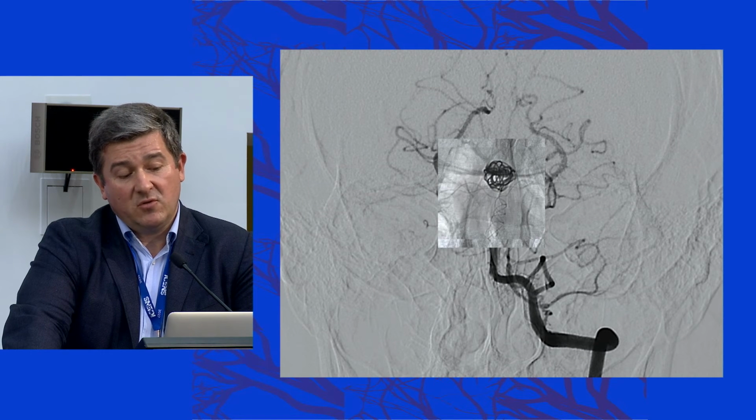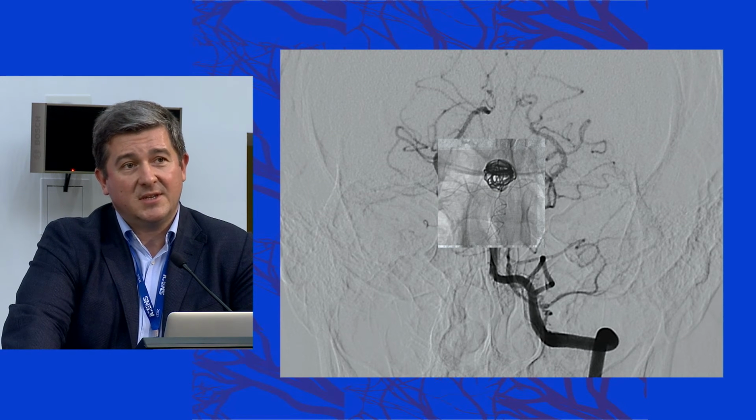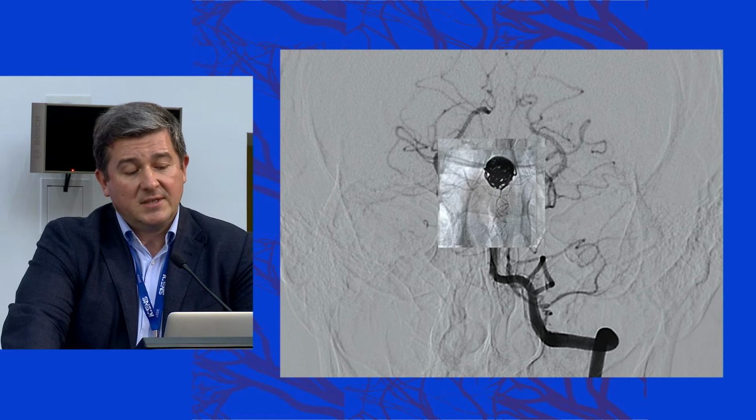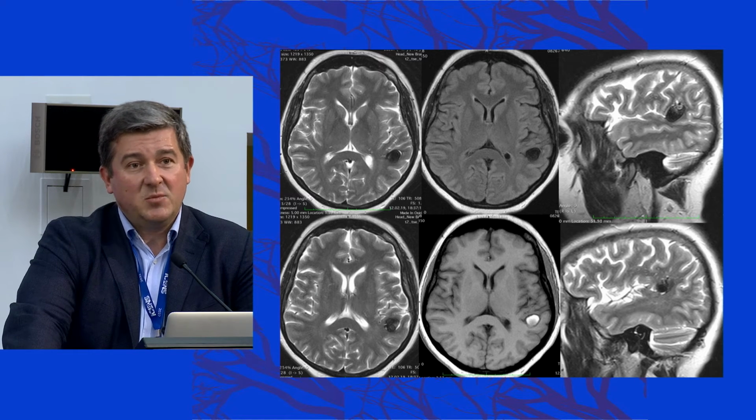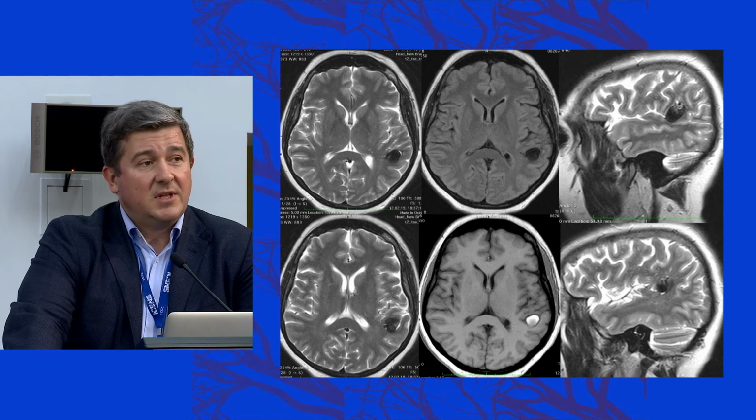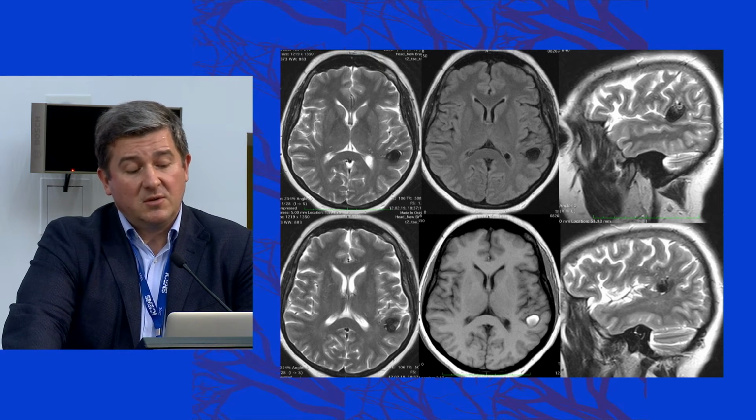We have the same picture with a bifurcation aneurysm of the main artery, pretty good elasticity from stent to stent, pretty good reconstruction, no issue.